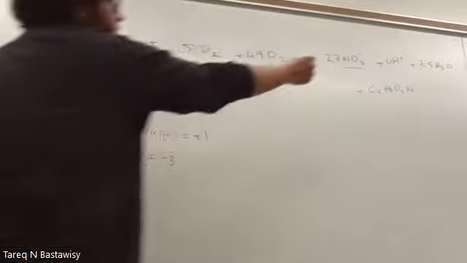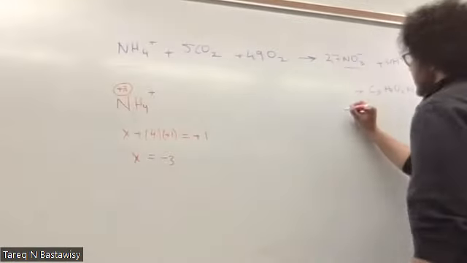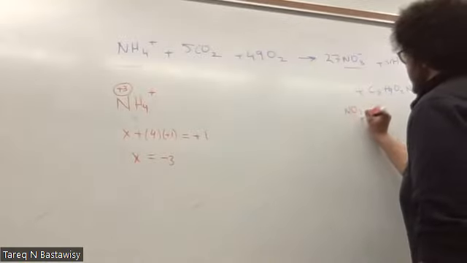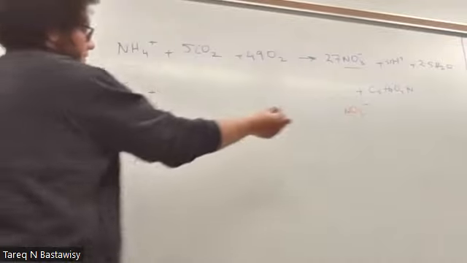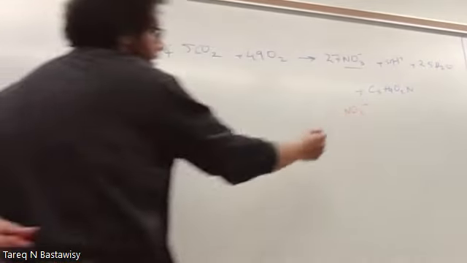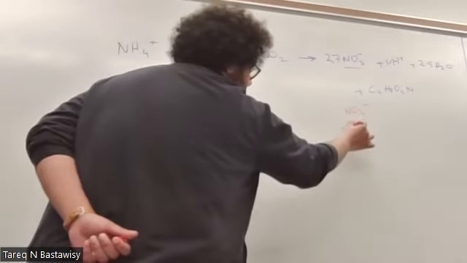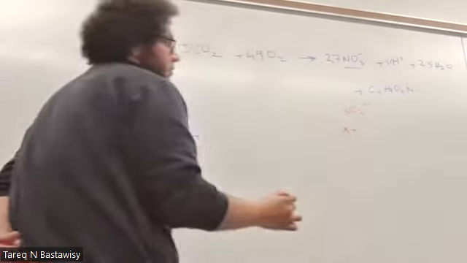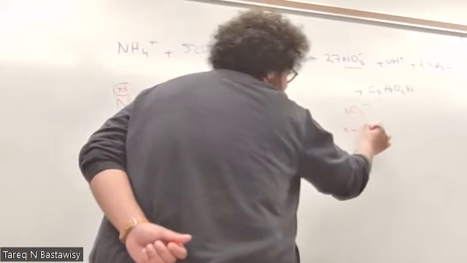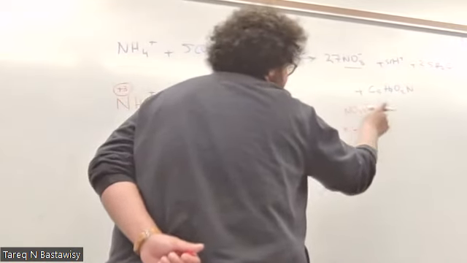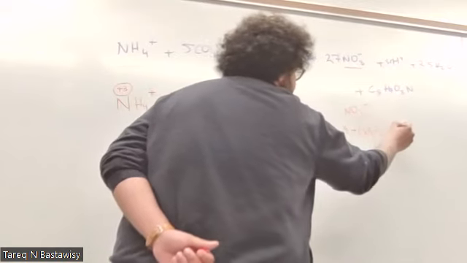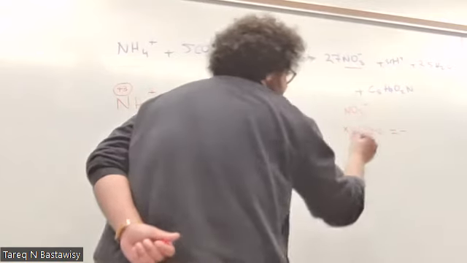What about this nitrate? Can we do it together? We have x plus 3 times -2, because we have 3 oxygens, each -2, and that's equal to -1.